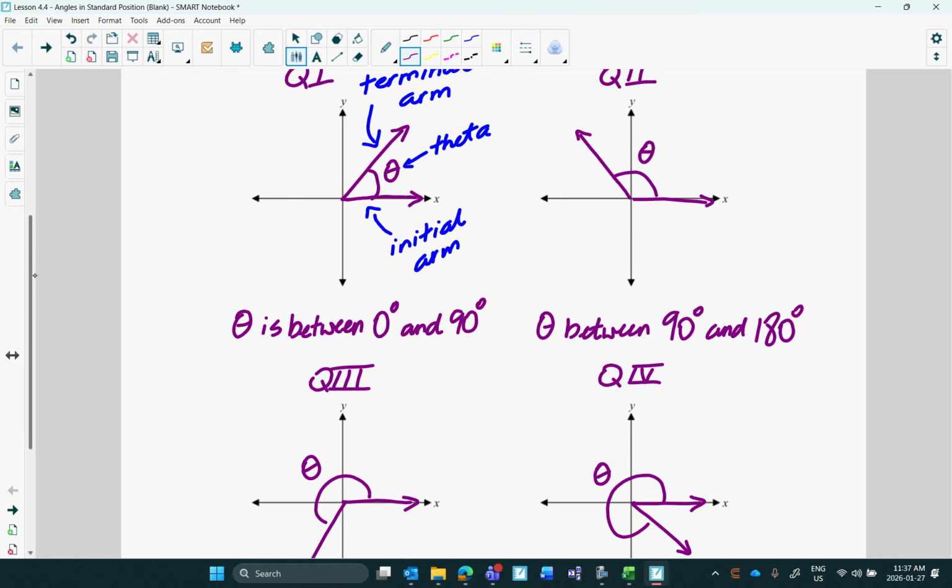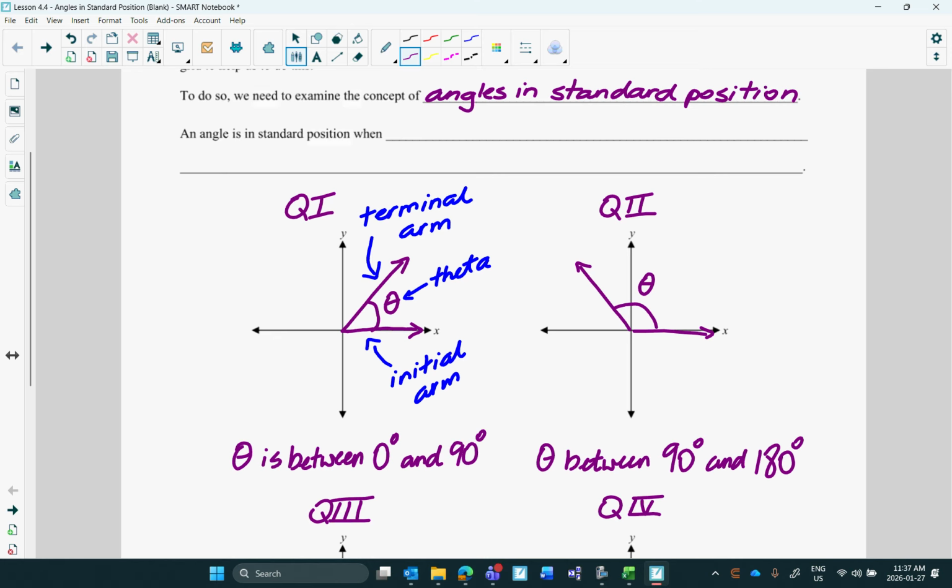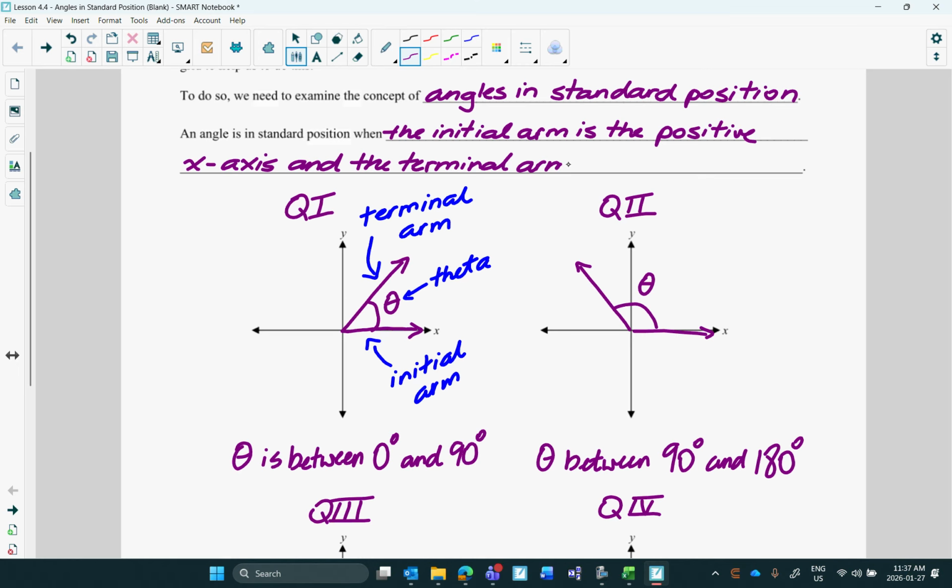So just to summarize up here, an angle is in standard position when the initial arm is the positive x-axis, and the terminal arm is in one of the quadrants, depending on what you're asked to draw.